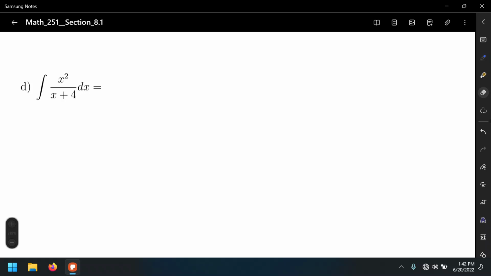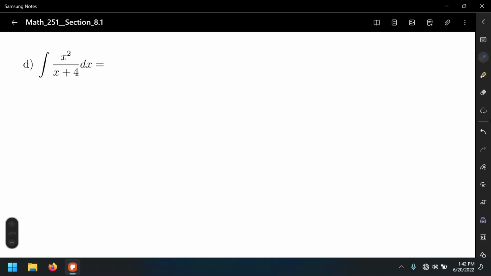So what should we do in this case? Okay, someone else besides Adrian. Anna? Polynomial long division. Well, we do polynomial long division in this case because the degree of the numerator is either the same or higher than that in the denominator, all right? So, of course, let's go ahead and do that.